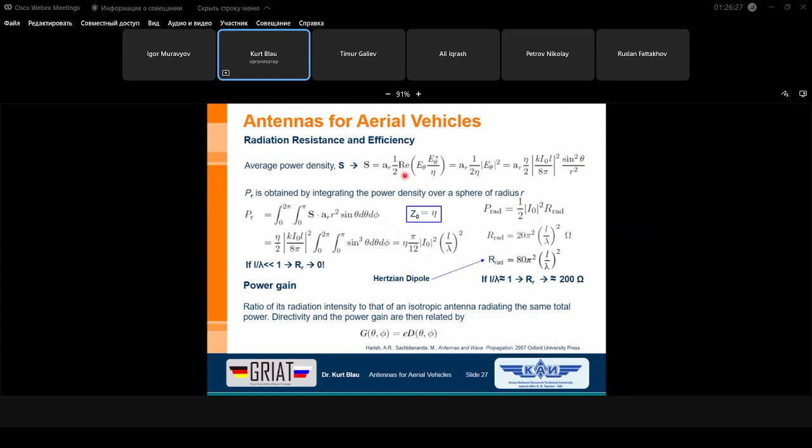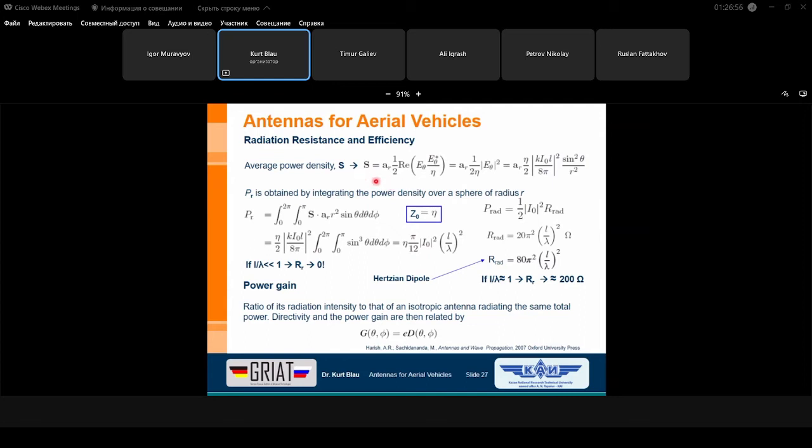This is the real part of the quotient, and here the conjugate complex value of the E theta field divided by the wave impedance, which is in principle the substitute of the H field. If you see this quotient here, it's the substitute of the H field.